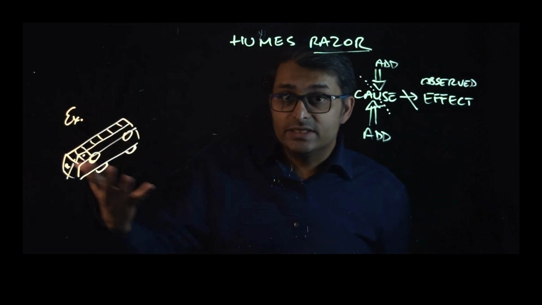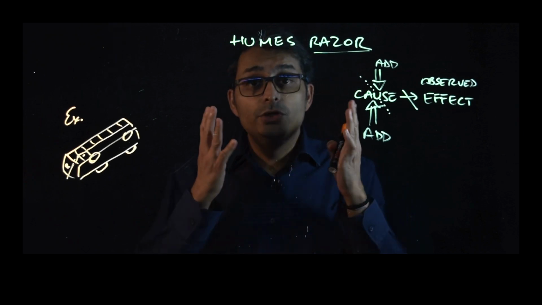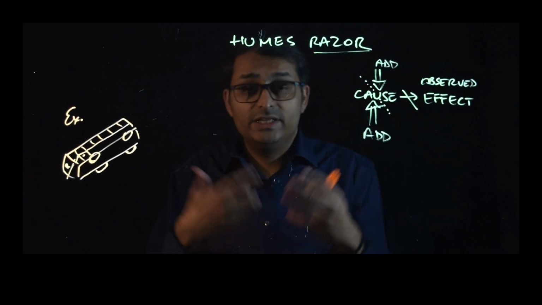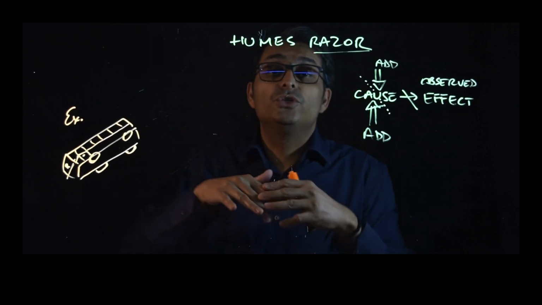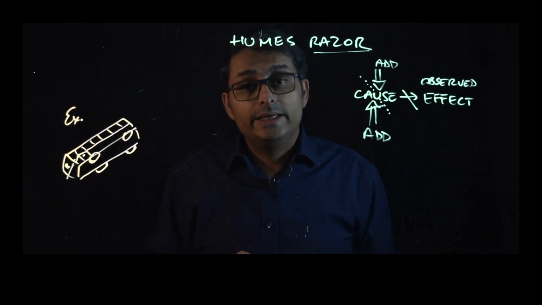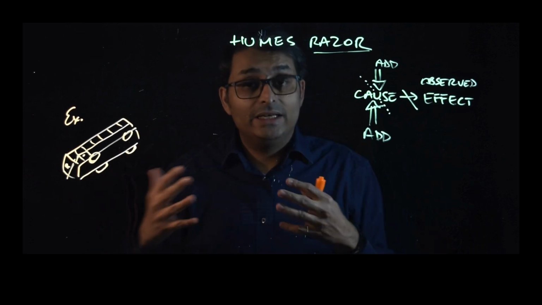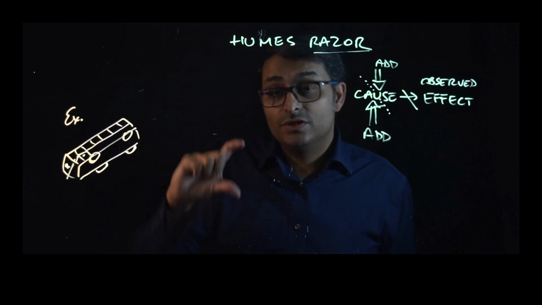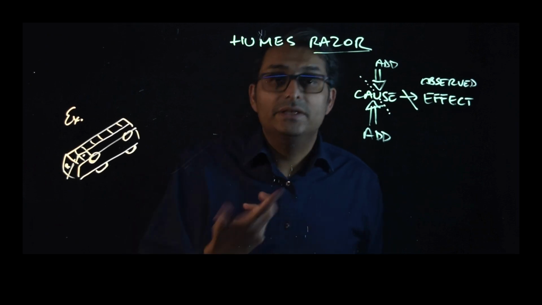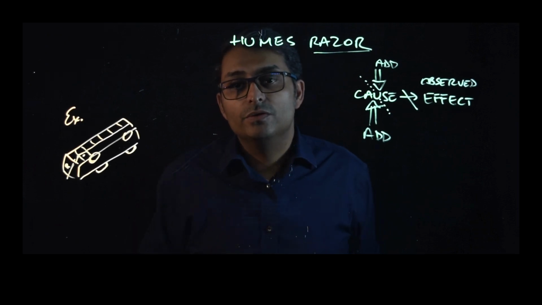Now, there could be many reasons why this has happened, and so by using a razor, not necessarily this one, but by using a razor generally to shave away unlikely explanations quickly, we can focus our mental efforts on the likelier ones, and this razor can be one of those that we can use.